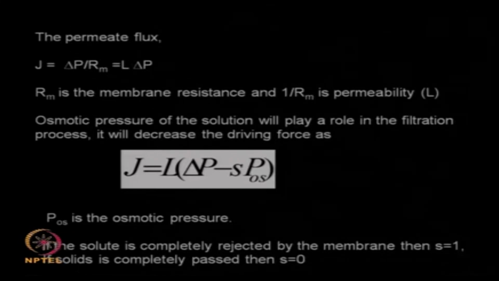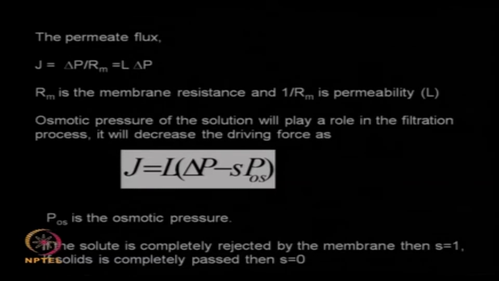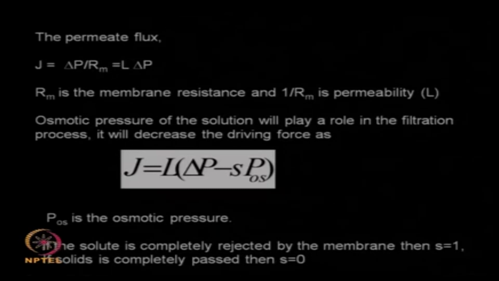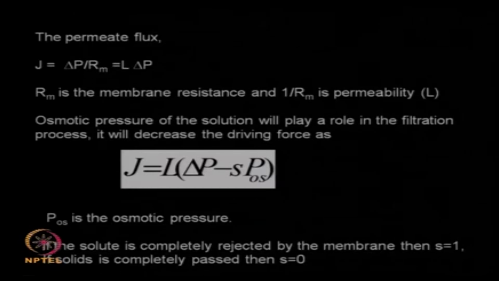Okay. So, if S is equal to 1, that means completely rejected. If S is equal to 0, that means the solid is completely passed. So, if S is equal to 0, what happens? You have only L into delta P. So, the osmotic pressure is not felt, whereas if S is equal to 1, you have delta P minus POS, which is osmotic pressure.